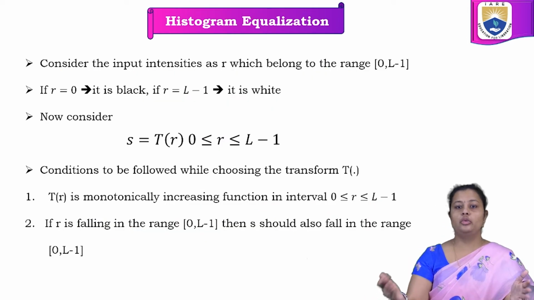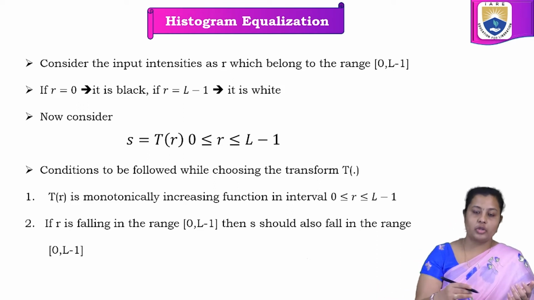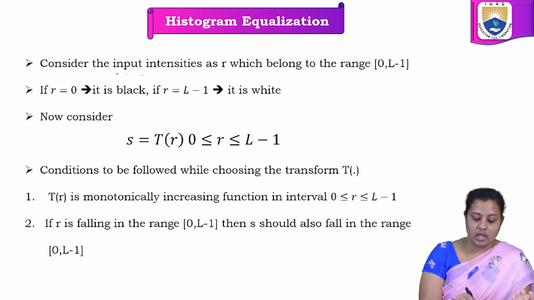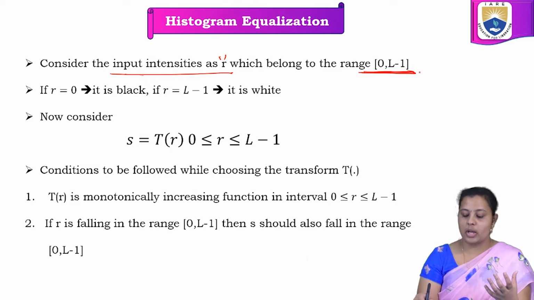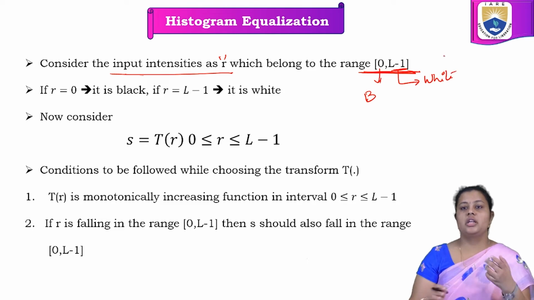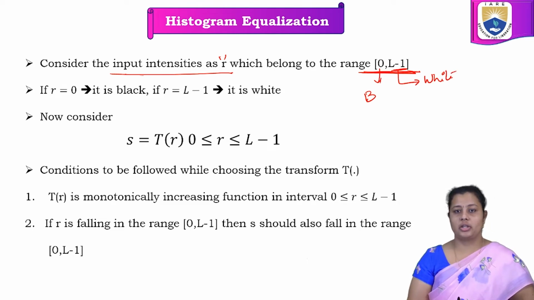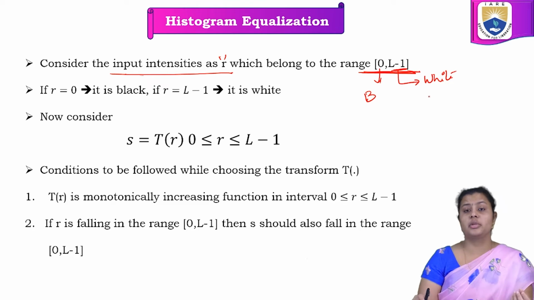Now, how do we do this histogram equalization? There are a few assumptions that we are going to make. We assume that the input intensity values, represented by R, belong to the range 0 to L minus 1. Here R equal to 0 means black, and R equal to L minus 1 means white. So all the intensity values fall in this range 0 to L minus 1.